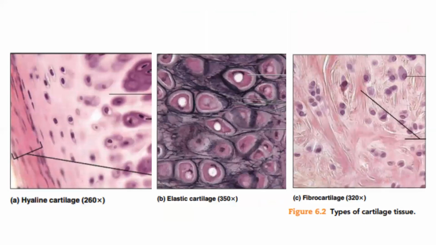So now let's go and look at the cartilage, which is another form of connective tissue. And we have three types of cartilage, which are hyaline cartilage, elastic cartilage, and fibrocartilage. So fibrocartilage is made of dense fibrous tissue, and you can see the dense fibrous fibers just running around the cells.